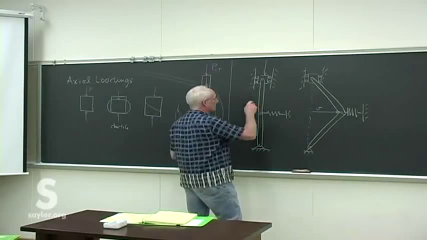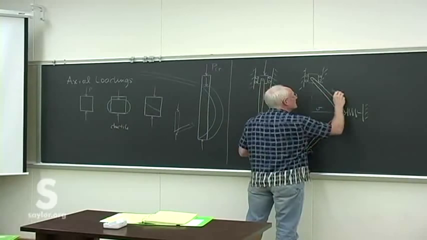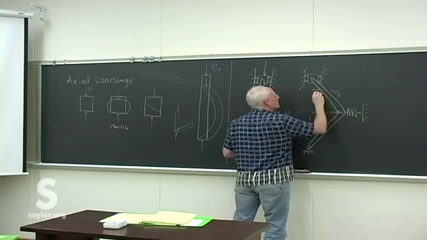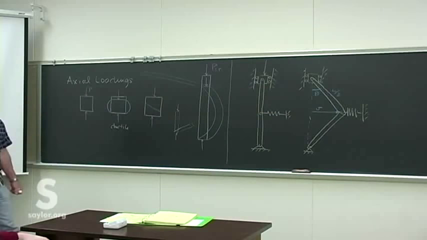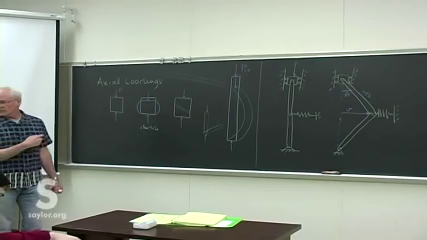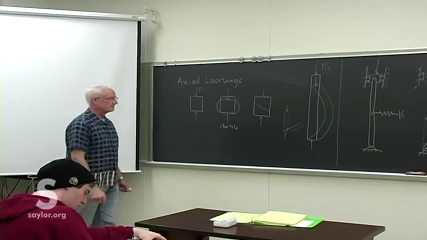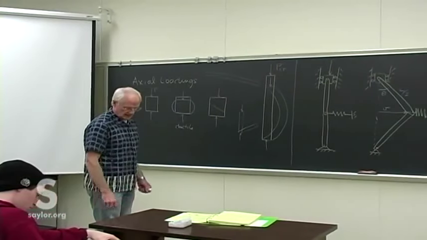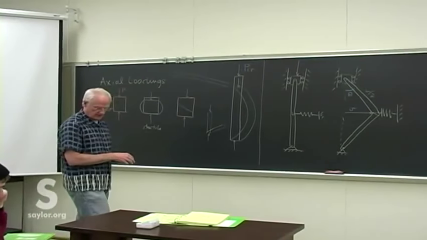So if that was length L, and this is L over 2, we'll use this part of the deflection there as theta. Remember, as usual, these pictures are grossly exaggerated just so we're able to see them. They're actually much smaller than this. The deflections and the like are much smaller.